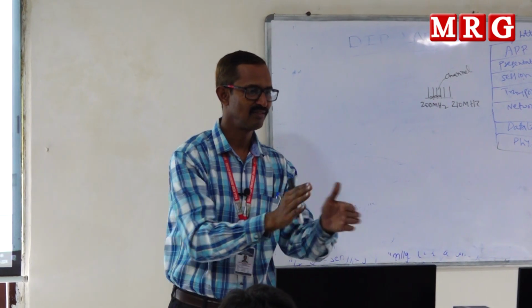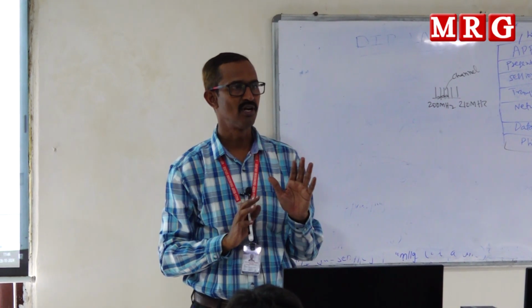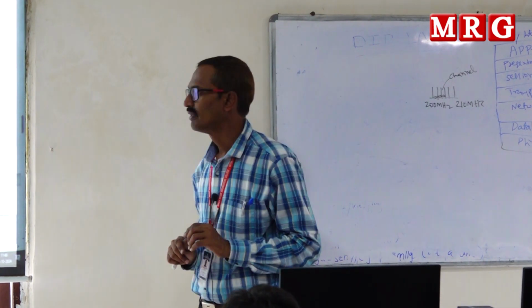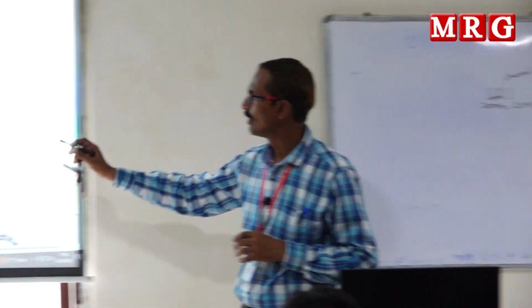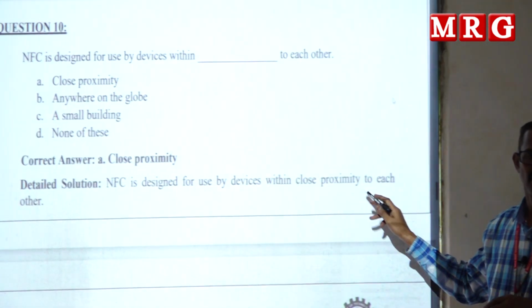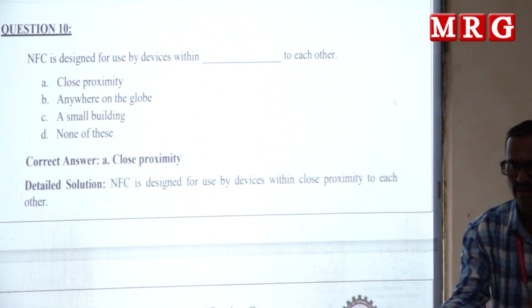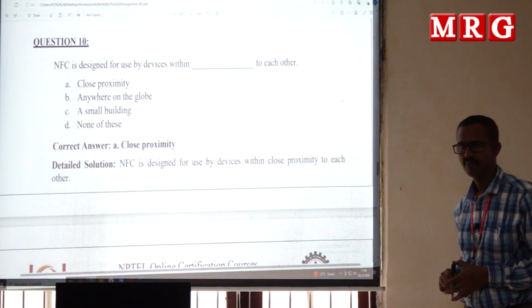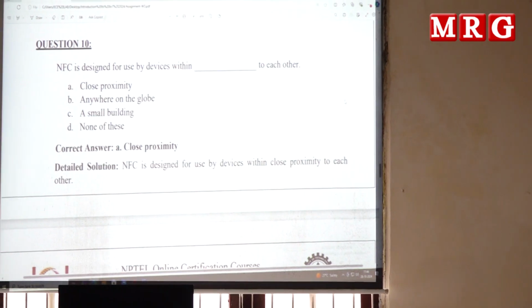Just side by side, they use NFC in industries, not in phones. Zigbee and NFC are used in industry protocols, where devices are in very close proximity, just 10 meters, 5 meters. Next.